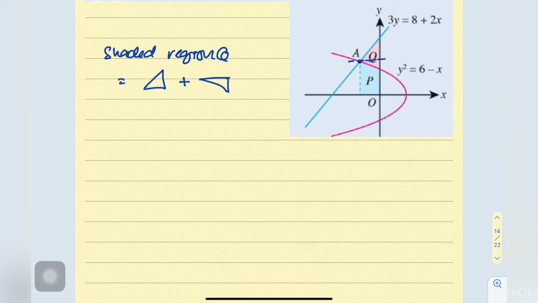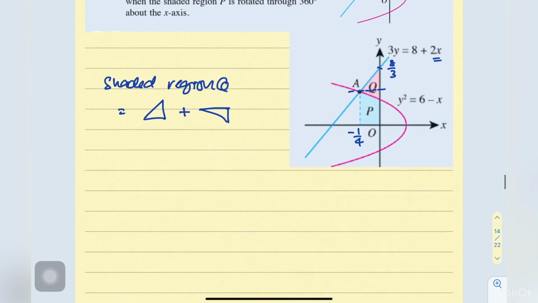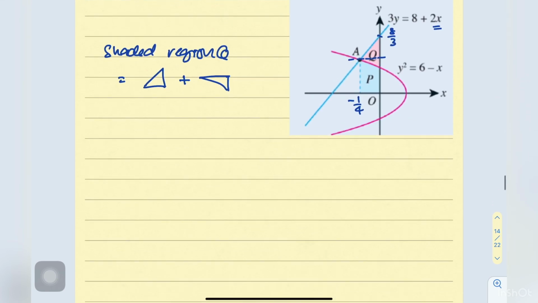Before that, we must find the boundaries and the vertex. For example, this one is the y-intercept of the line. When x equals 0, we get 8 over 3. Just now, coordinate A is negative 1 over 4 and 5 over 2.